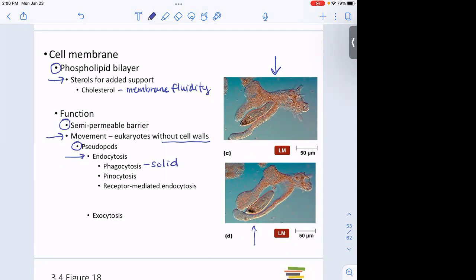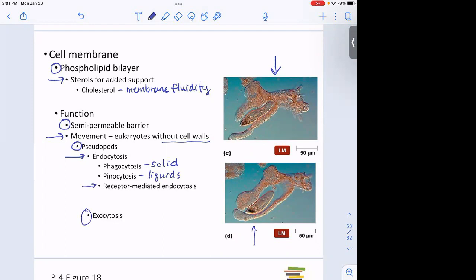Okay, so when those pseudopods are extended around something solid, we call that phagocytosis. We're going to walk through that in much more detail later on in the semester when we talk about how our white blood cells do that. Pinocytosis is when liquids are phagocytosed. Of course, when those solids or liquids are chewed up and then escorted out of the cell, we call that exocytosis.